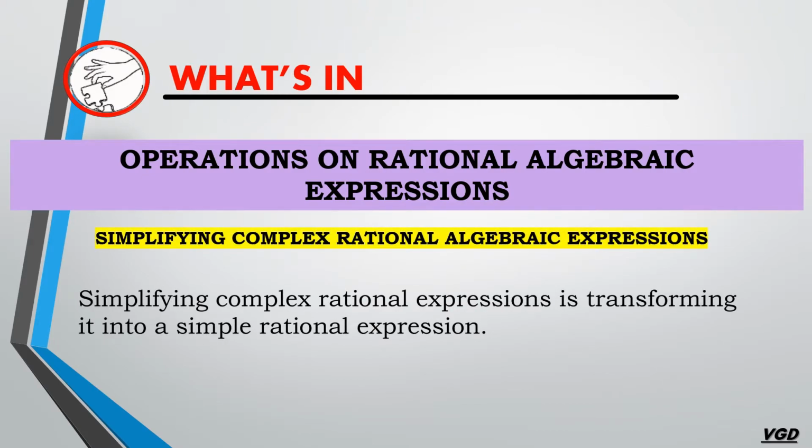Now let's proceed to our final review of the operations on rational algebraic expressions, which is simplifying complex rational algebraic expressions. In simplifying complex rational expressions, all we have to do is transform it into a simple rational expression, just like this example.